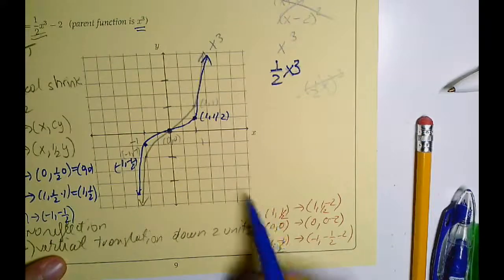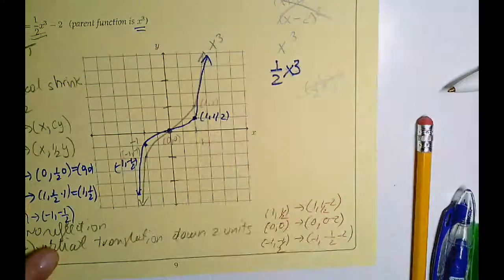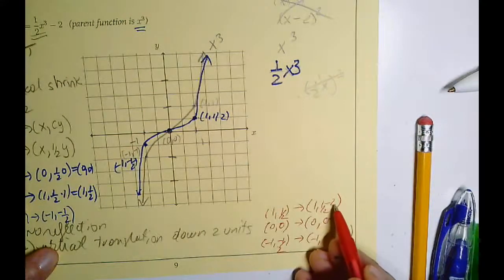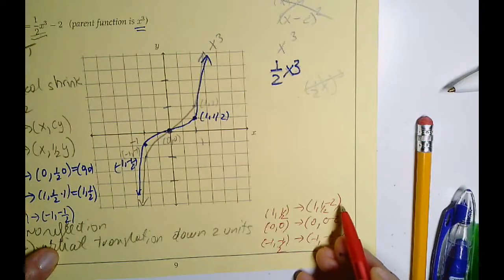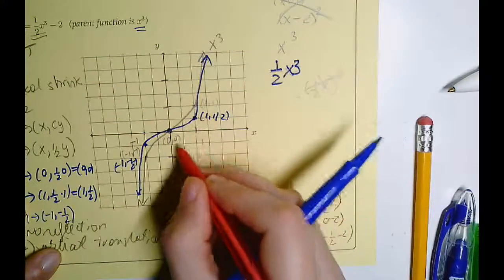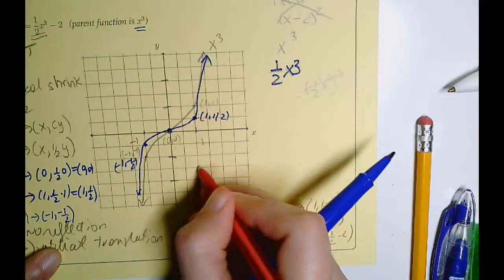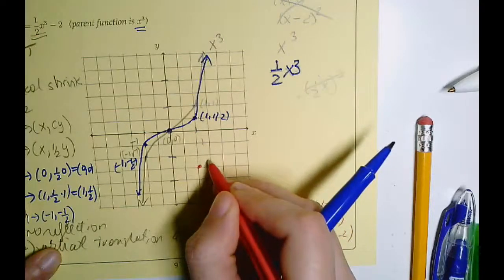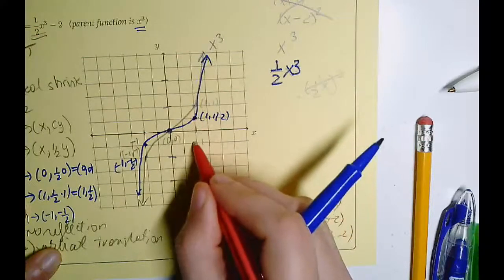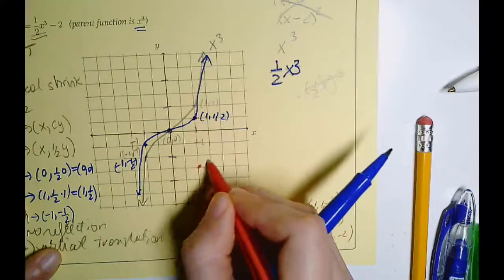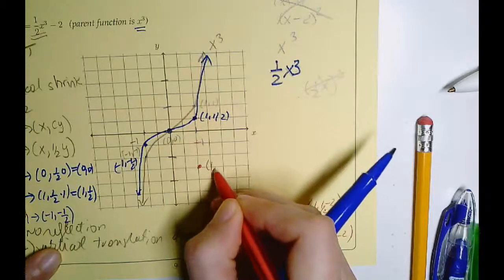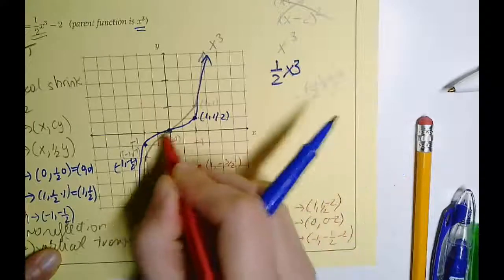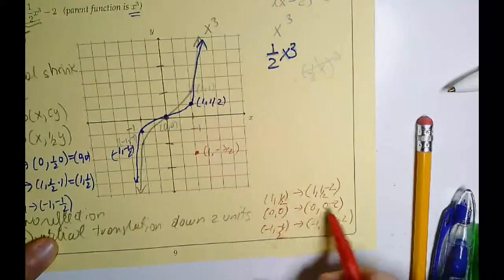So the point 1, 1/2 is going to go to the point 1, 1/2 minus 2, which is minus 3/2, so minus 1.5. So 1, minus 1.5. Or I can just count 1 unit down, 2 units down. So this is 1, minus 3/2. And then the point 0, 0 went to 0, minus 2.